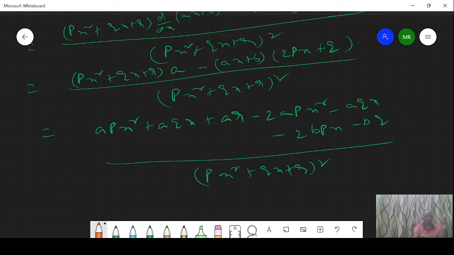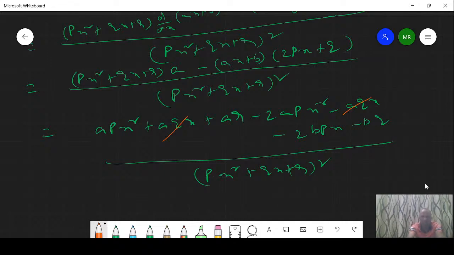Now you can see here, I can eliminate aqx and other terms. You can see that the terms, any other terms I can eliminate. This one will get minus apx square minus 2apx square. Same thing, this minus apx square it comes.